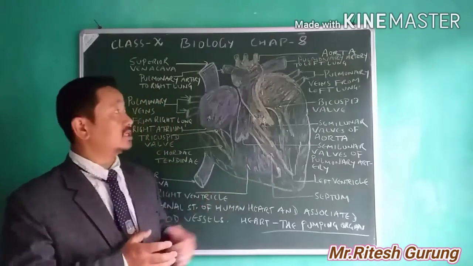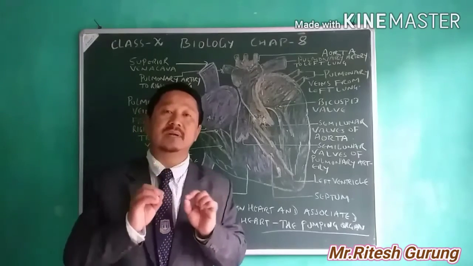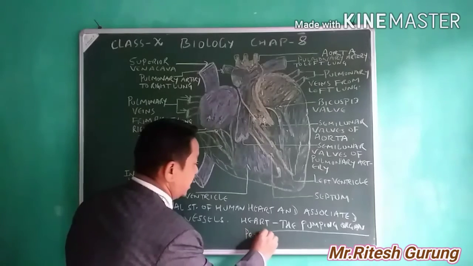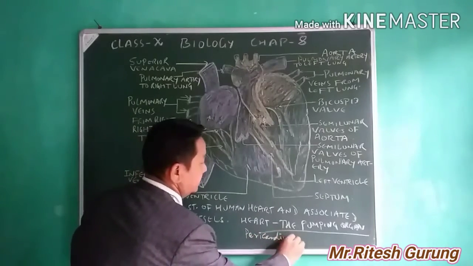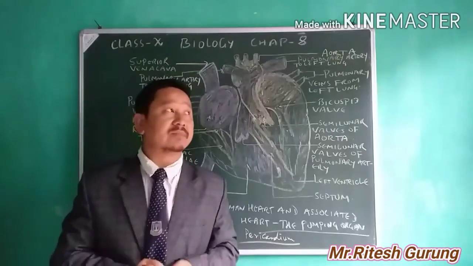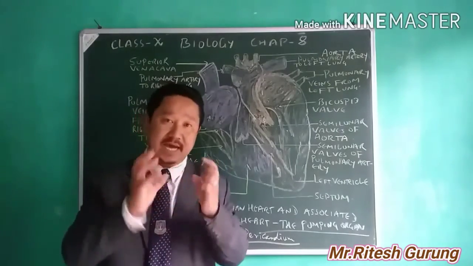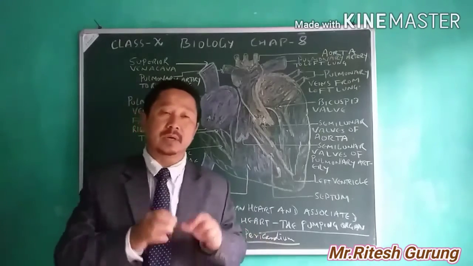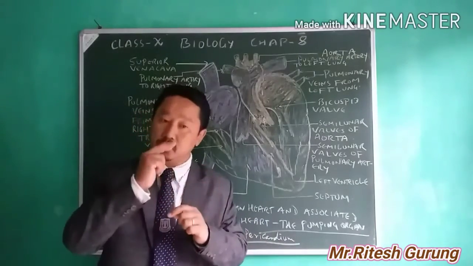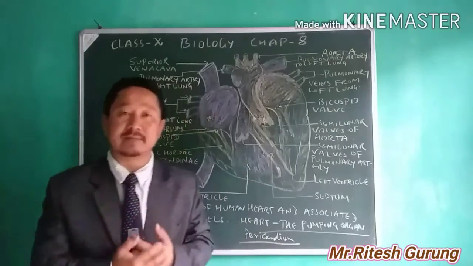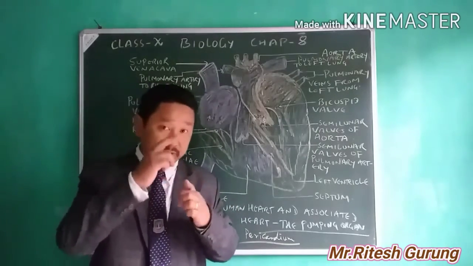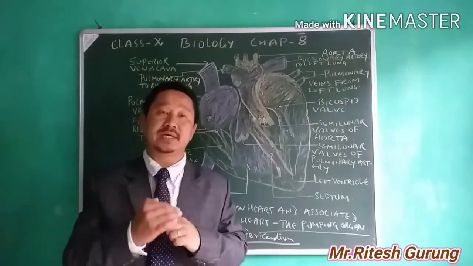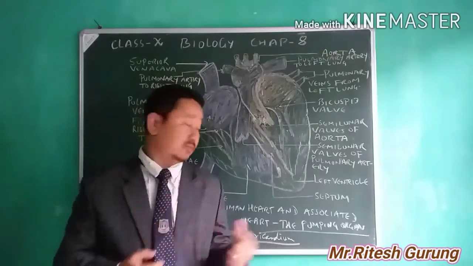Then the covering. The heart is covered by a double membranous covering called the pericardium, which encloses the heart. Since the pericardium contains two membranes, in between these two coverings there is a fluid substance, to avoid the friction during the contraction of the heart.